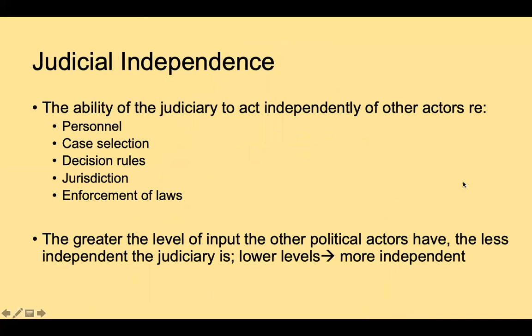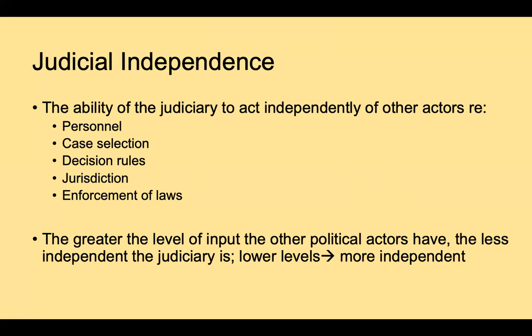So when we talk about the politics of judicial independence, and when we talk about the judiciary, we really want to talk about how other actors are responding to the judiciary, and in particular in specific areas that are of interest to the judiciary or that matter to the judiciary.